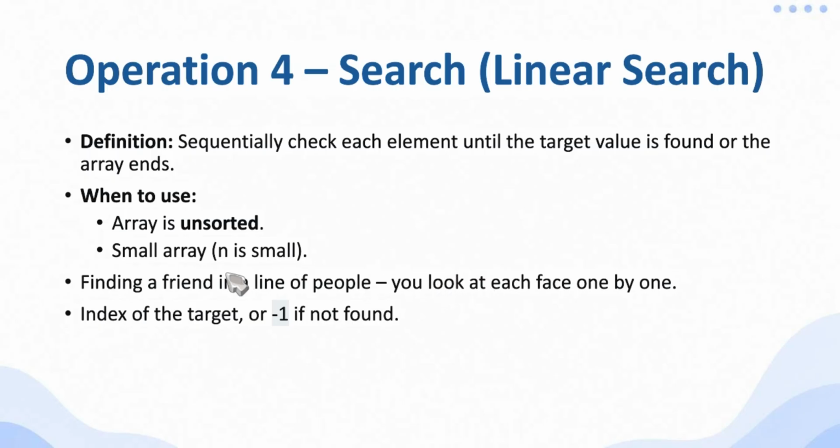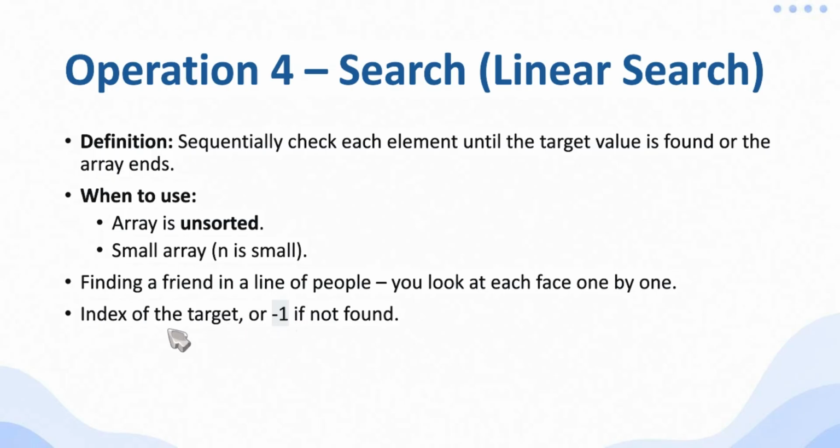Likewise, you need to do this here. The returning value will be the index of the target or -1 if not found. If you found it, you return the index of the target. If not found, you return -1.